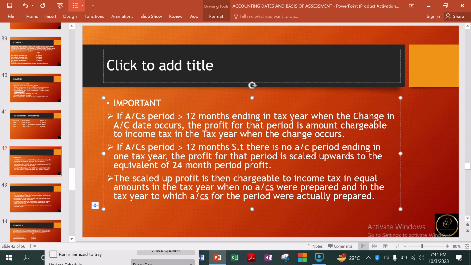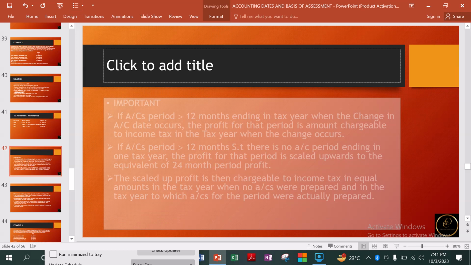The scaled up profit is then charged to income tax in equal amounts in the tax year when no accounts were prepared, and in the tax year in which the accounts for the period were actually prepared. So that's what we look at. That is very important to consider.